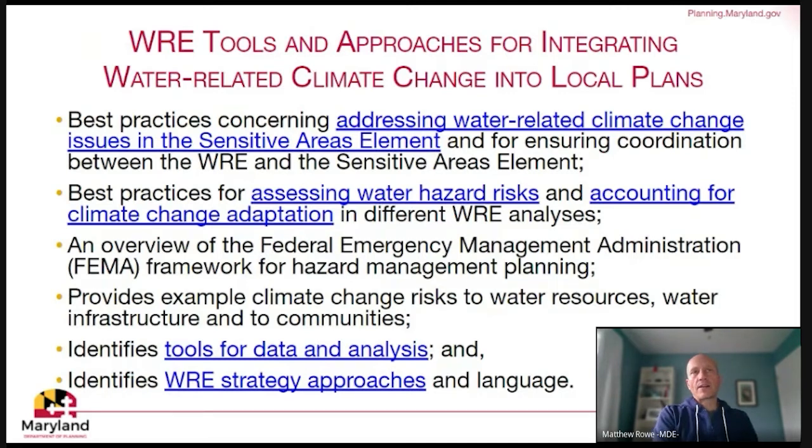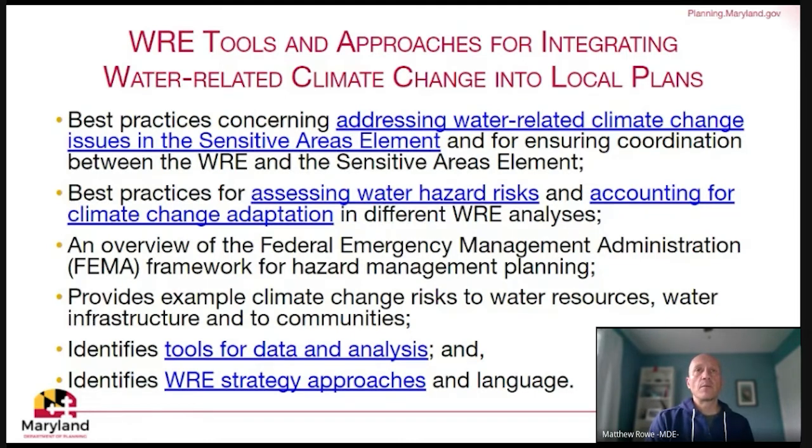We also have best practice in there for assessing water hazard risks and accounting for climate change adaptation in different WRE analyses. So there's some prescriptive processes in there that you can follow to help you assess your water hazards and your climate risks and vulnerabilities. We also include an overview of the Federal Emergency Management Administration framework for hazard management planning that may be helpful to you as you again are considering flooding and vulnerabilities and flood risks in developing your WRE.